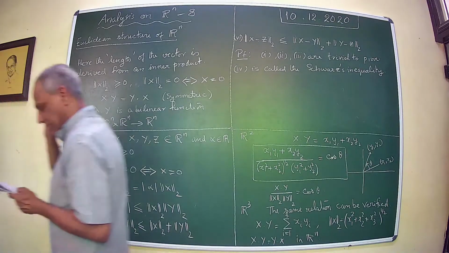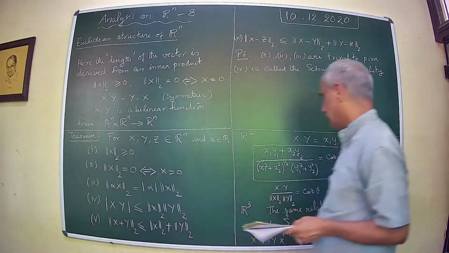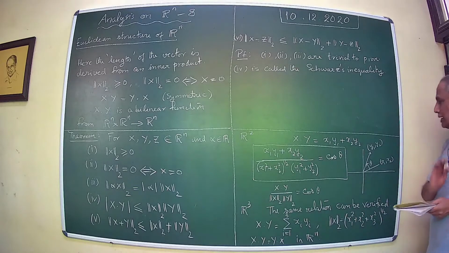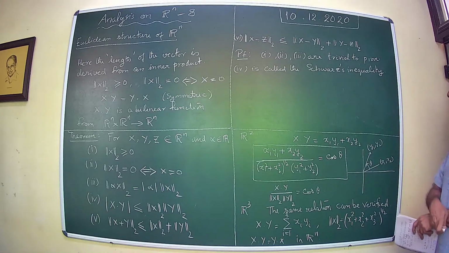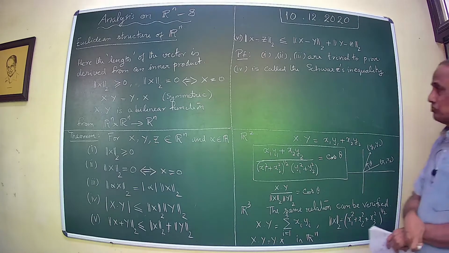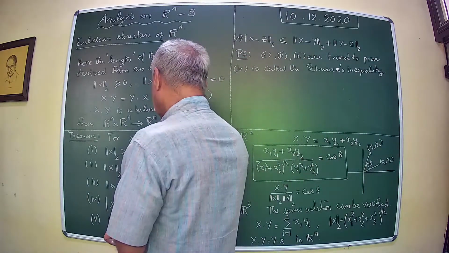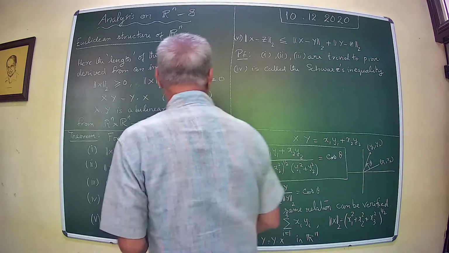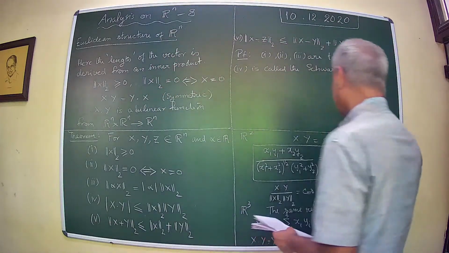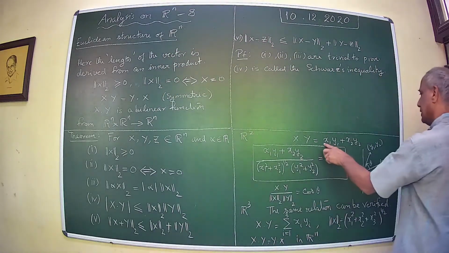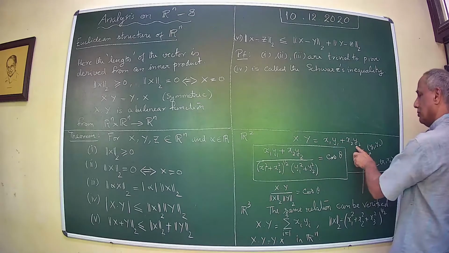But anyway, it doesn't matter what name it comes by. If you carefully look at this, what is this? If you take R2, this means the following. In R2, x dot y is x1 y1 plus x2 y2.